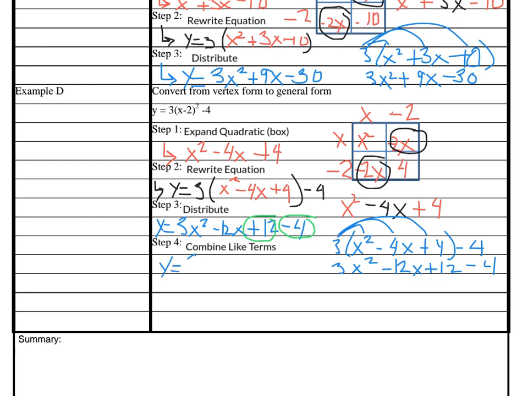Y equals 3x squared minus 12x plus 8. And now we have successfully gone from vertex form, this one, to general form right here, which is y equals ax squared plus bx plus c.